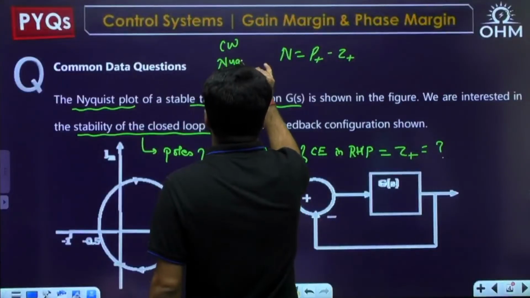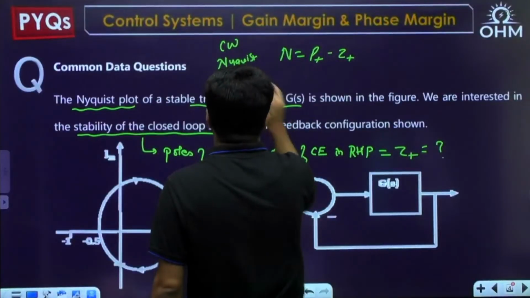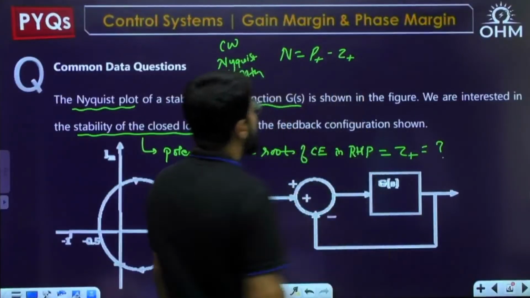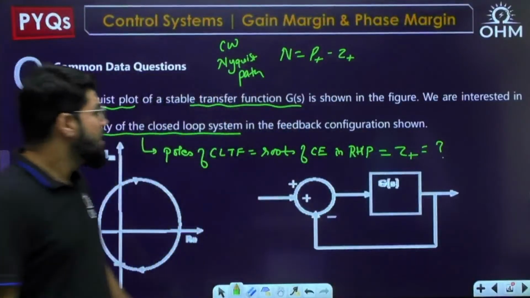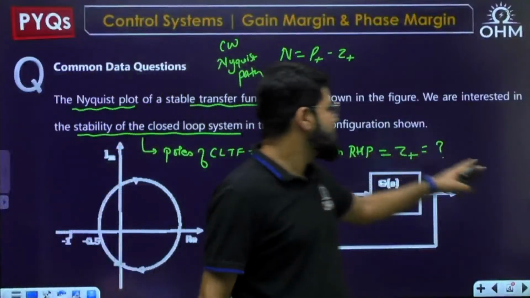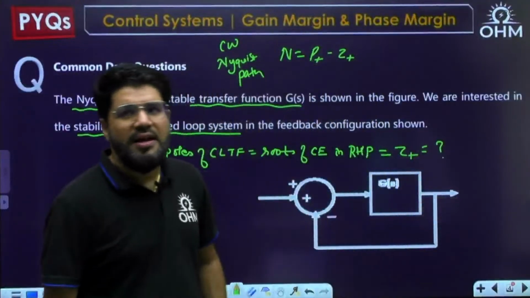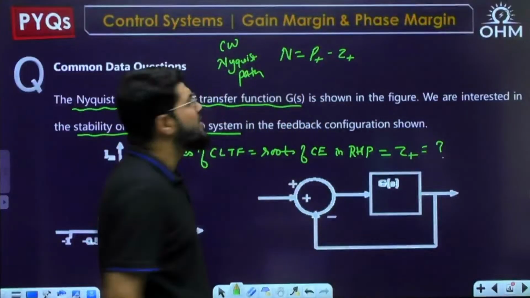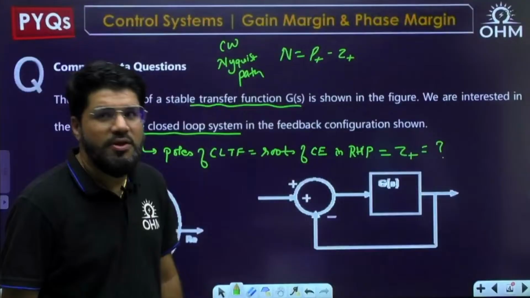The Nyquist path is not mentioned here, so for a moment let me assume the clockwise Nyquist path. When you talk about Z plus as the roots of the characteristic equation, N is the number of encirclements of -1, 0.